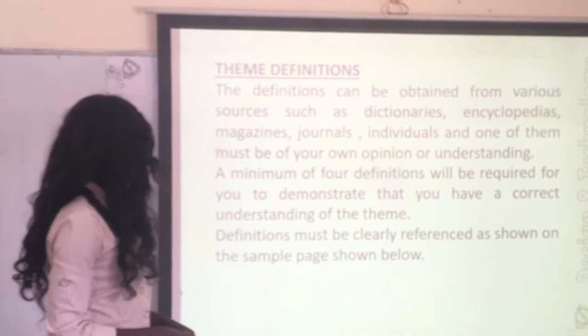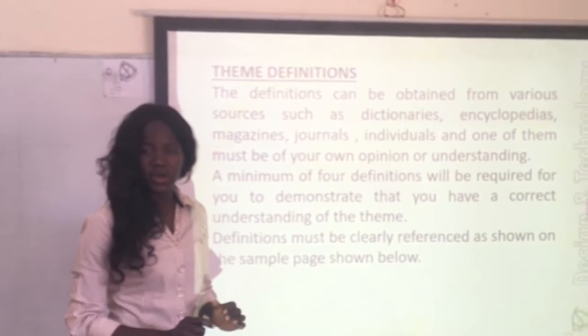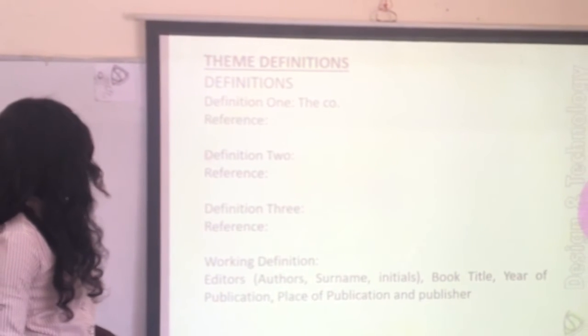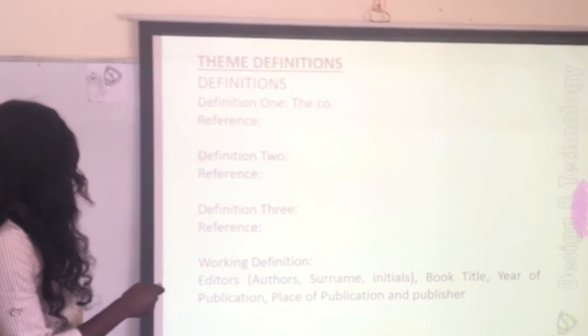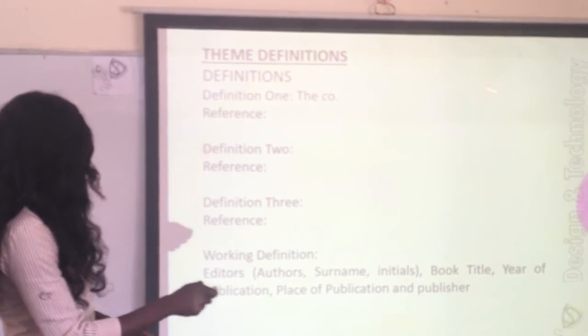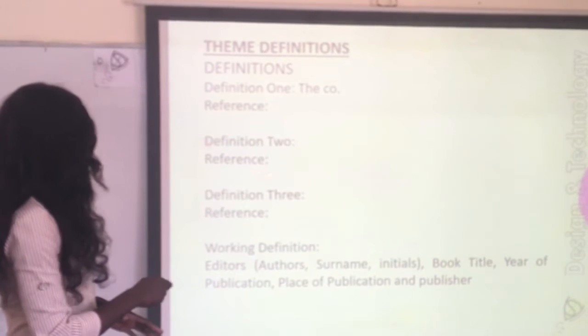Now, let's look at how these should be. They need to be referenced, okay? Now let's look at the next slide, which has examples of how they're supposed to be. So here, definition number 1, okay? We define what it is there, then we give a reference. The second one, the same, we define what leisure is and we give a reference.